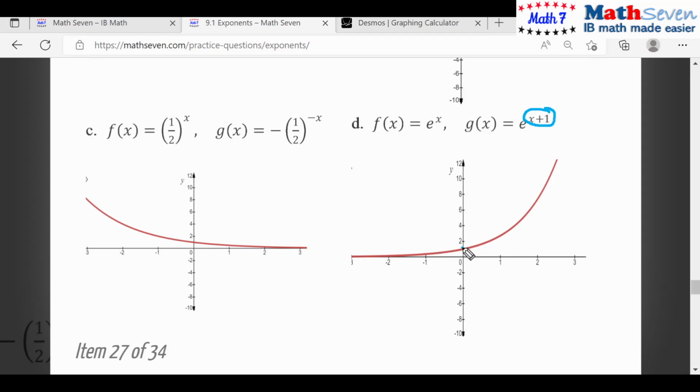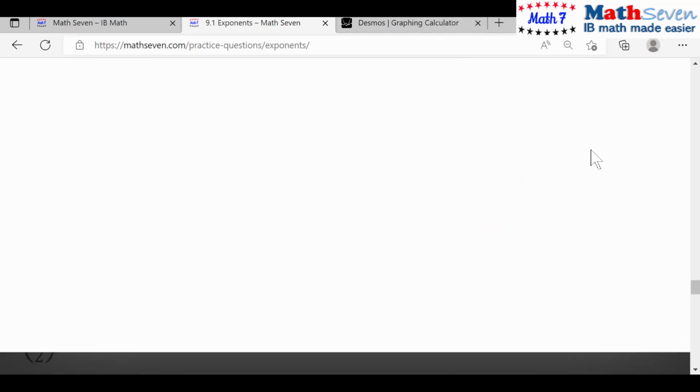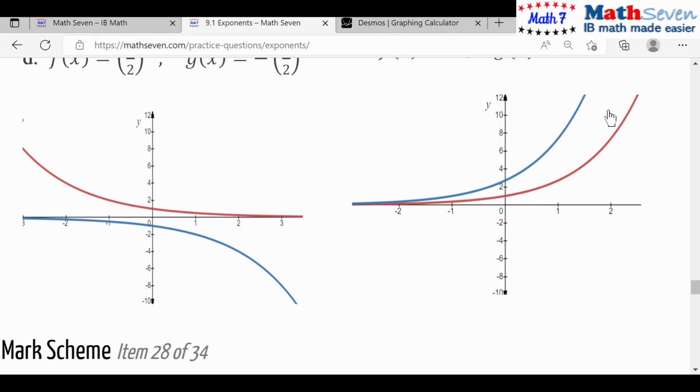This point here becomes here. If you substitute 0, this becomes e, so it's approximately somewhere here. So the graph will look something like this. Check the mark scheme. As you can see, it goes up like this. Okay, these are the graphs for these functions. All right.